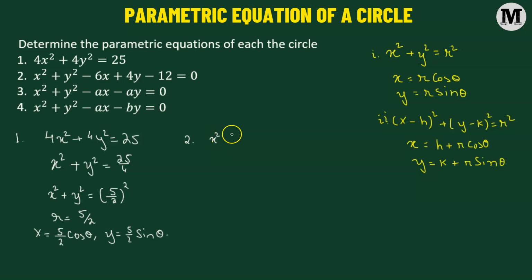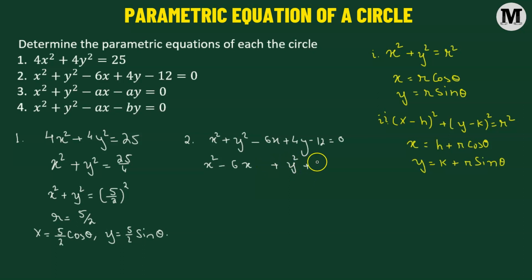Let's start with our given equation. We have x squared plus y squared minus 6x plus 4y minus 12 equals 0. Okay, so first what we'll do, we'll combine all the terms containing x. So we have x squared minus 6x, and then we'll combine the terms containing y.